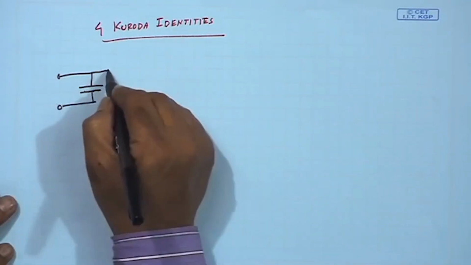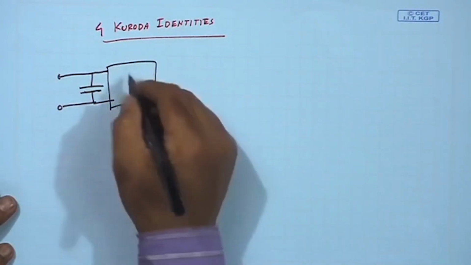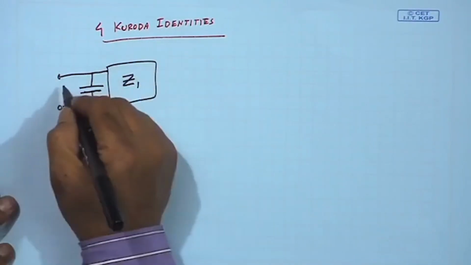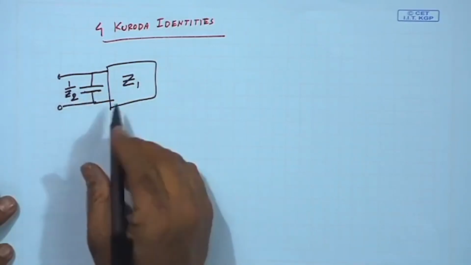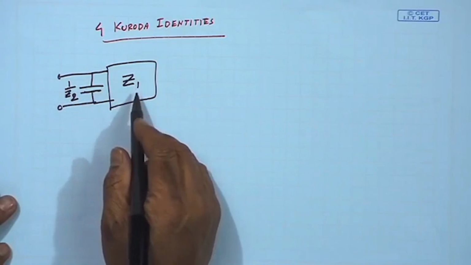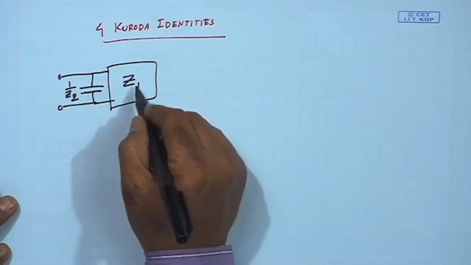So what he did, he said with this you add, let us say this was of impedance 1 by Z2, he said add a Z1. This in Kuroda's nomenclature is called a unit element.